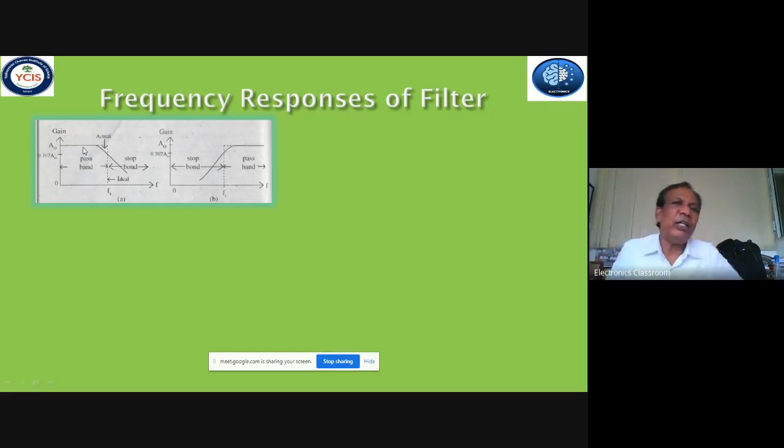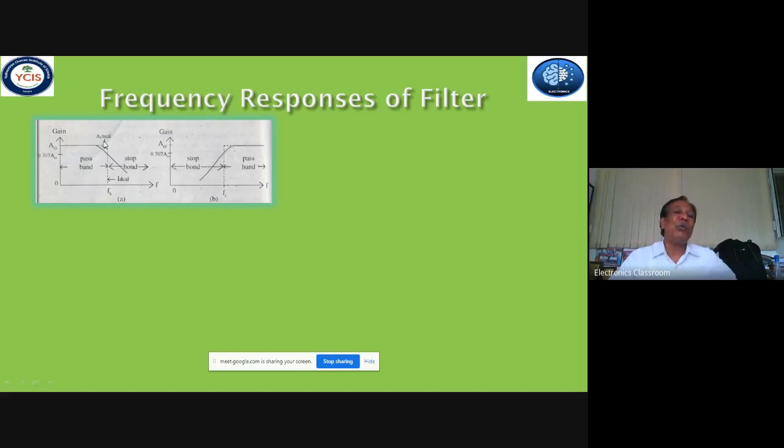What we should observe here is that there are two types of responses. In the first response, as we increase the frequency from F equal to 0, the gain becomes constant, and at frequency F equal to FC there is a sharp frequency transition, within which the output of the filter drops from high level to low level.